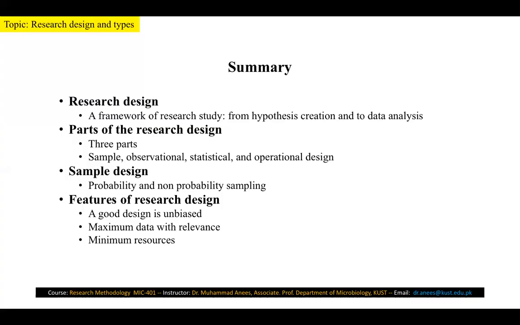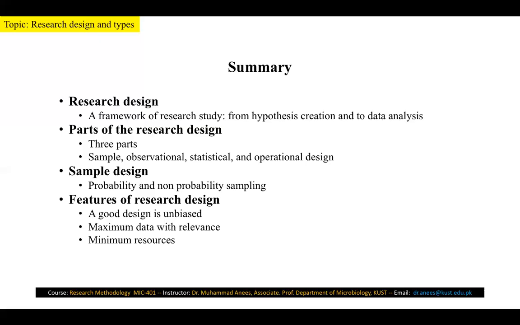Then we discussed the features of a research design, and one thing is very important, that a good research design is unbiased. It retrieves a maximal amount of relevant data with minimal utilization of resources. So these are very important.